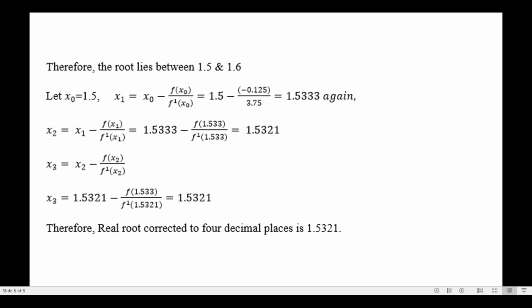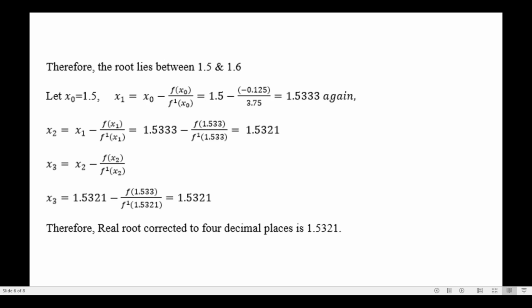So approximately, to find the root, choose x0 is equal to 1.5. So x1 is equal to x0 minus f of x0 divided by f dash of x0. So 1.5 minus f of x0, that is minus 0.125, divided by 3.75, that is equal to 1.5333.